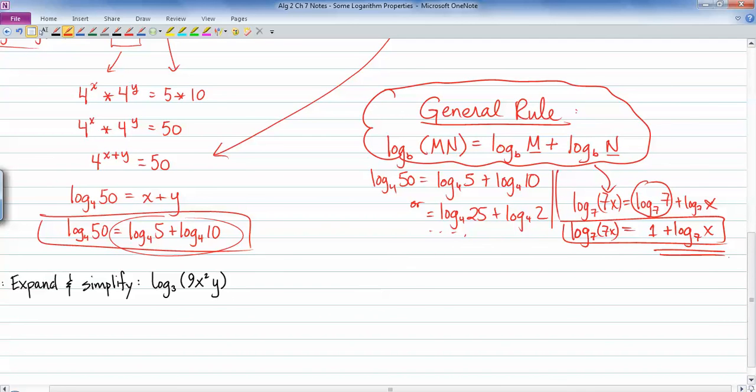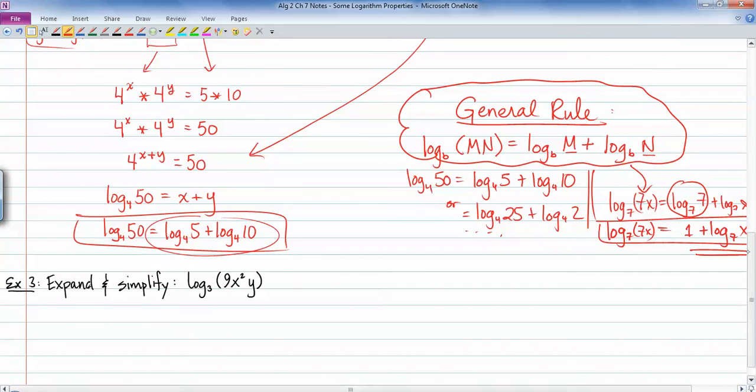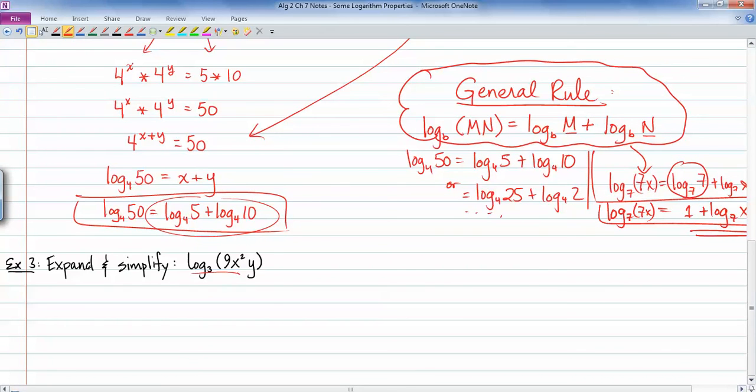And you do that basically if the directions say expand and simplify, which is what this next example says. Expand and simplify this thing. Okay, so that's going to be log base 3 of 9 plus log base 3 of x squared plus log base 3 of y. You can kind of see I'm extending the rule because now it's three different things put together. Let's figure out what these break down into.